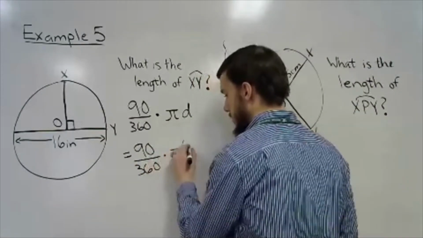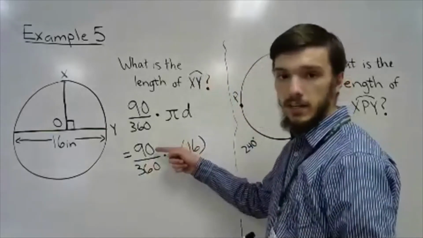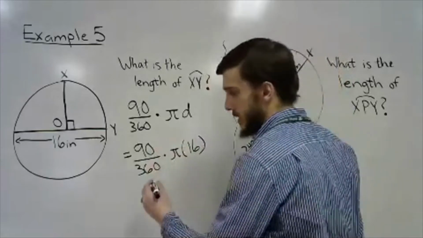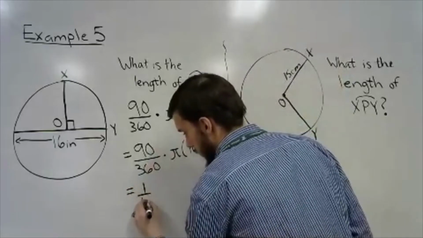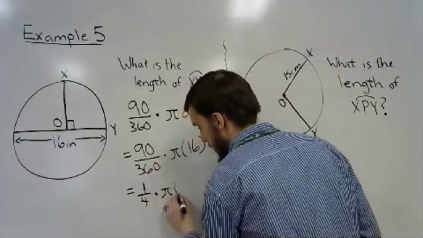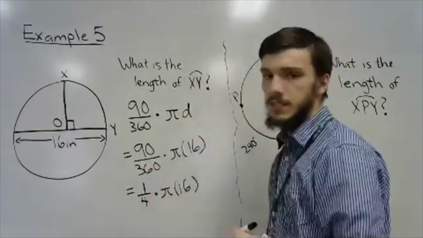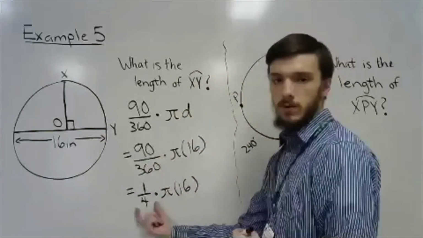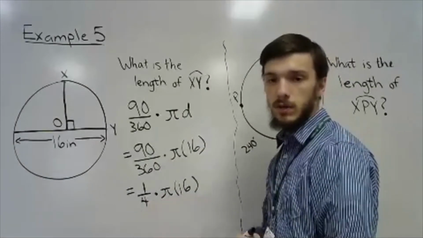Times pi times 16. And since 90 over 360 simplifies to 1/4, we're going to do that for our next step. 1/4 times pi times 16. And then we have 1/4 times 16, which just gives us 16 over 4.